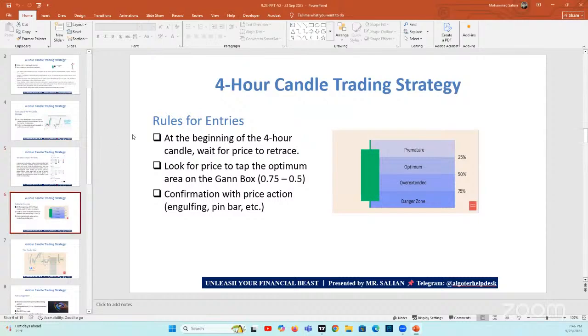The rules for entries, as I've said, at the beginning of the 4-hour candle, wait for price to retrace, right? Oh no. Even TradingView is not working properly today.